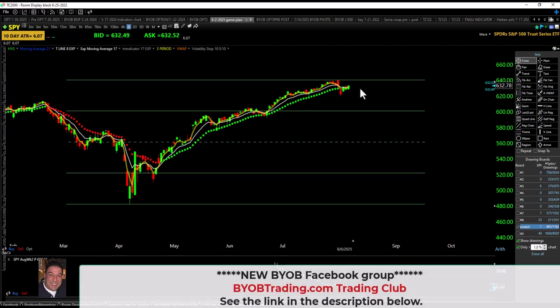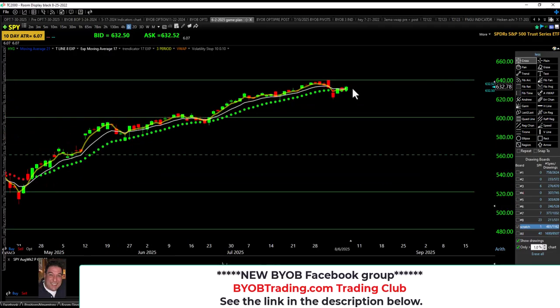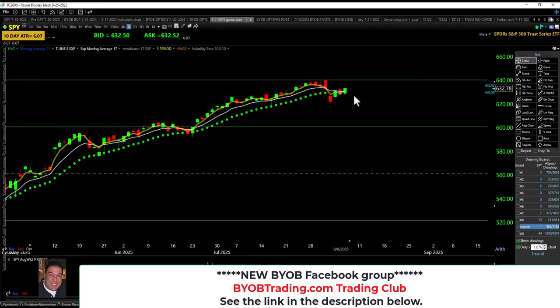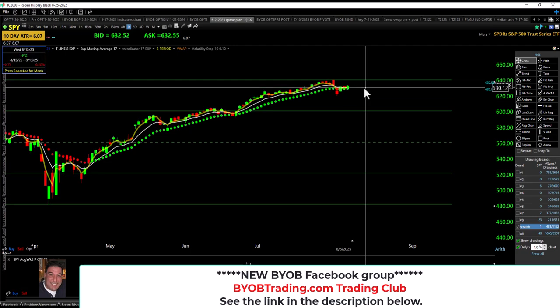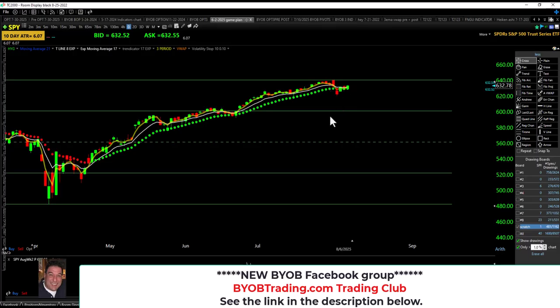That's bullish, and we're still in an uptrend. Even with this poke of the 17, you can see us back up there holding this area. Kind of showing us a possible bearish head and shoulders, but make no mistake, right now we are up here at the top of quadrant 4. That is bullish, and we're still in an uptrend on SPY.